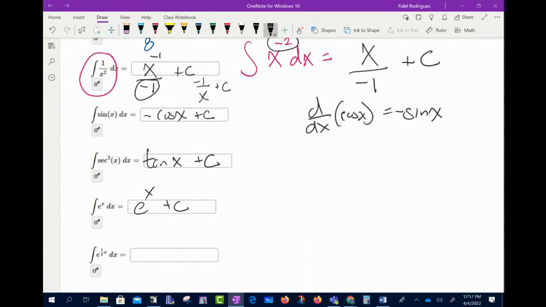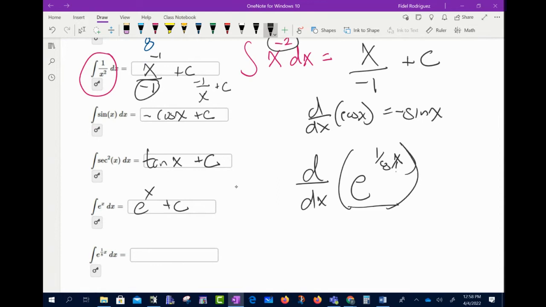Now, y'all, I want to point something out. Look at the one that I have underneath. It looks almost identical to what we just had. Okay, almost identical, except it's not just e to the x. It's e to the 1/8 x. I want you to think about this for a little bit. If I were to take the derivative of e to the 1/8 x, okay, let's see.